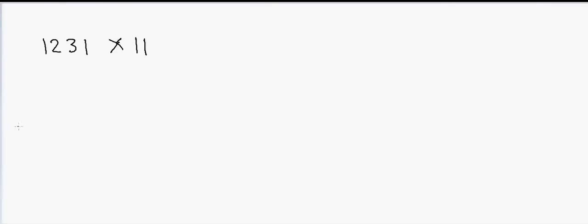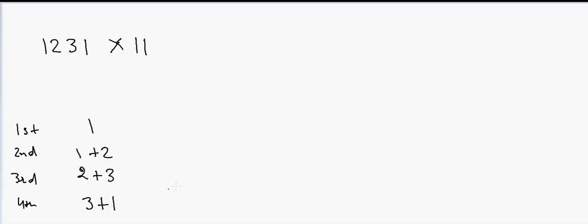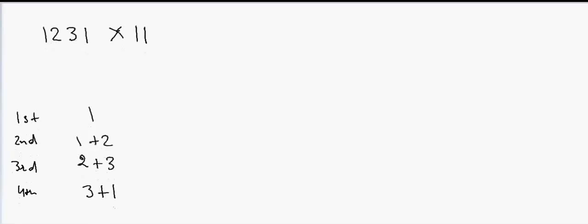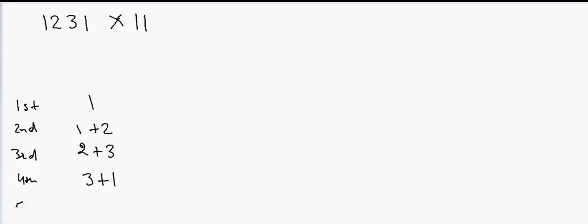The first digit will be equal to 1, the second will be equal to 1 plus 2, the third will be equal to 2 plus 3, and the fourth will be equal to 3 plus 1, and then we are left with the fifth, which is equal to 1.